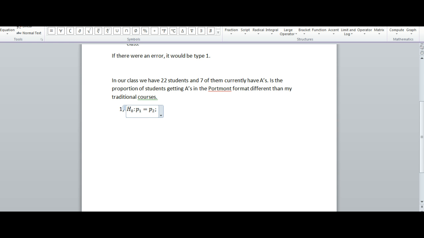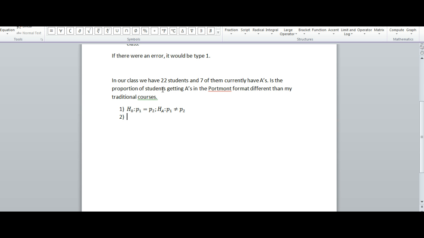This is in contrast to the alternative, which would say that there is actually a difference between the two: P sub 1 is not equal to P sub 2. I'm doing a two-tailed test. I'm not testing to see if traditional is easier or better than Portmont, but just that there's some difference between them.